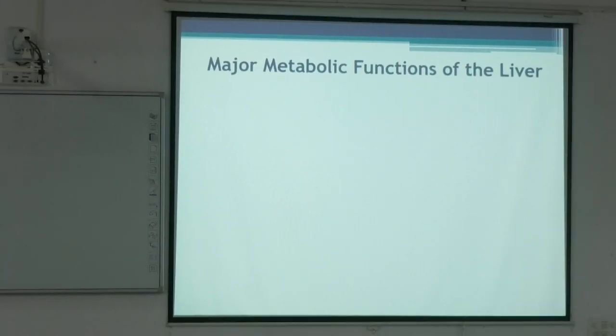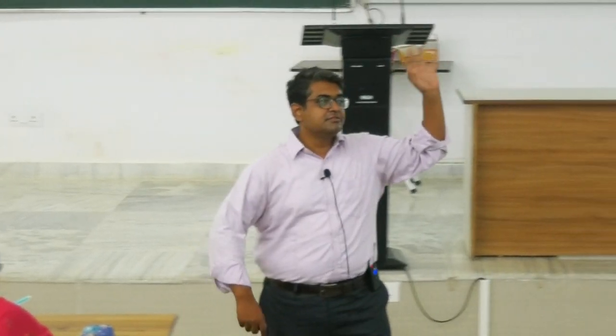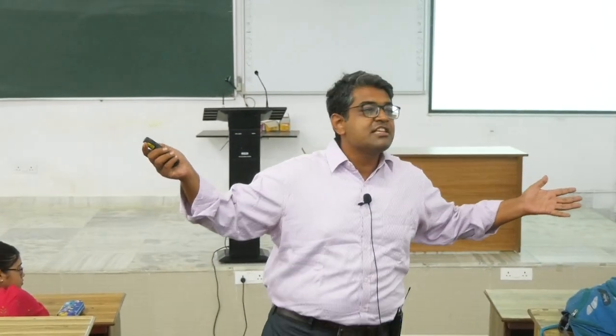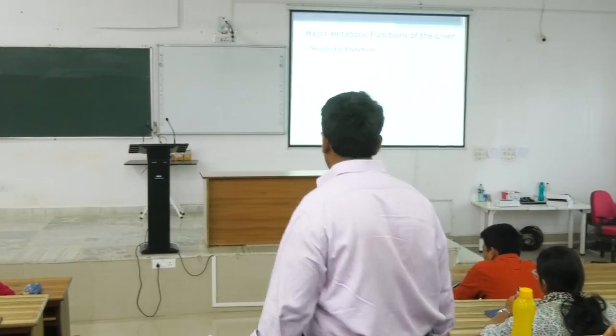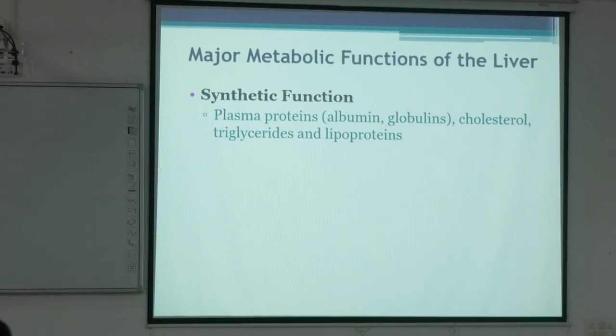Okay. So what are the major metabolic functions of liver? Does it produce anything? Okay, very good. So first thing is synthesis. It has a synthetic function. What does it produce?